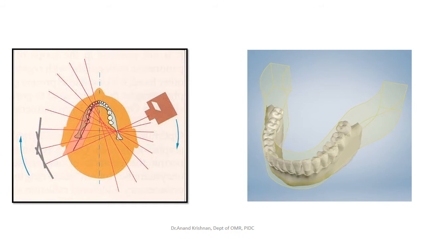Once it starts, the center of rotation will move along with the arm of the source and receptor, and while the reciprocal movement keeps happening, this center of rotation will keep constantly moving within this triangle, so that we do not have any magnification and distortion. Now what we use is a continuously moving center of rotation.